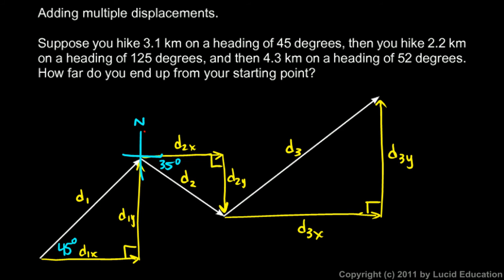It's a heading of 125, but that angle right there is 35 degrees. So d2x here will be d2 times the cosine of that angle, and d2y will be d2 times the sine of the angle.